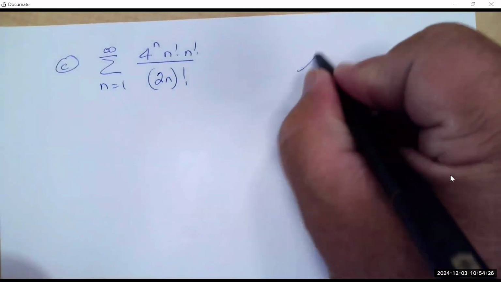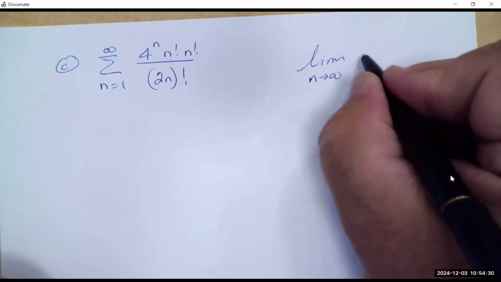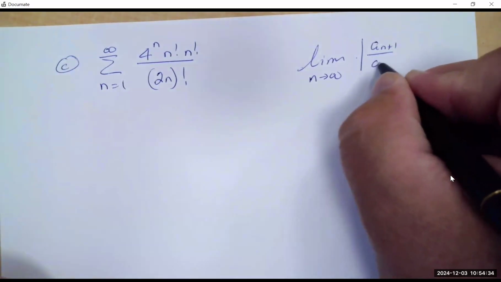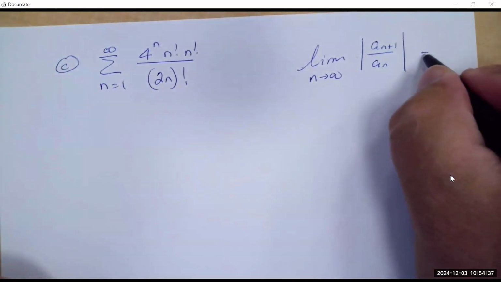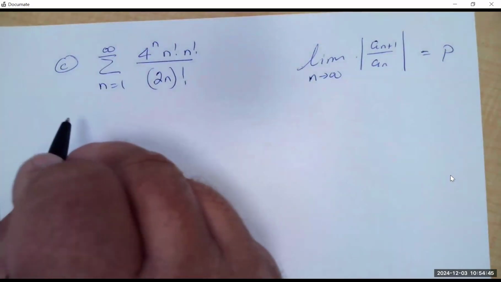Remember what we're looking for here. Instead of a limit, it's going to give us a p-value. That's what we're looking for. That's the ratio test.